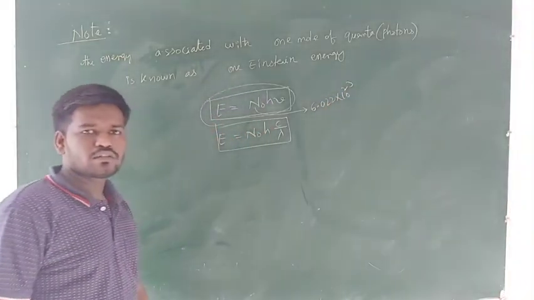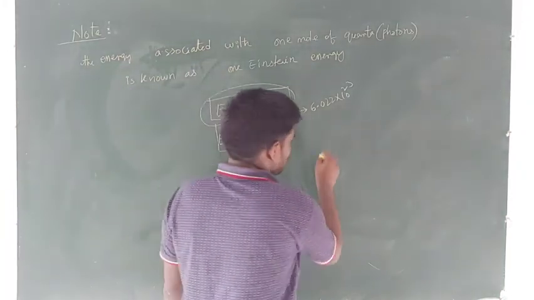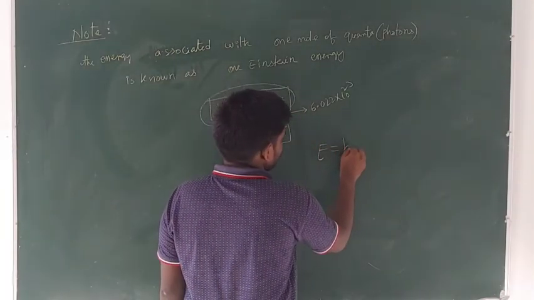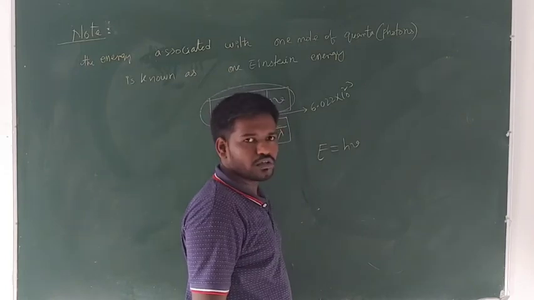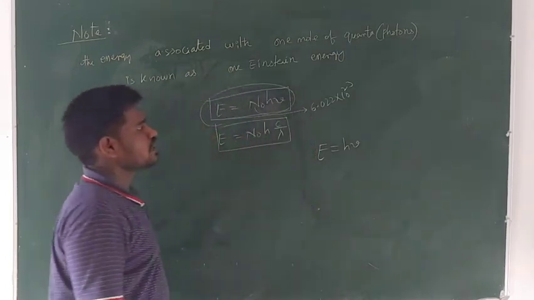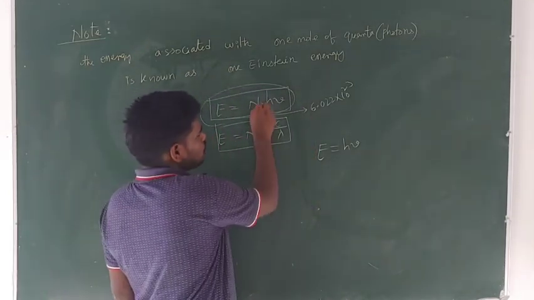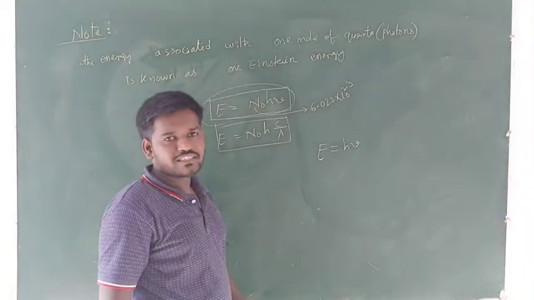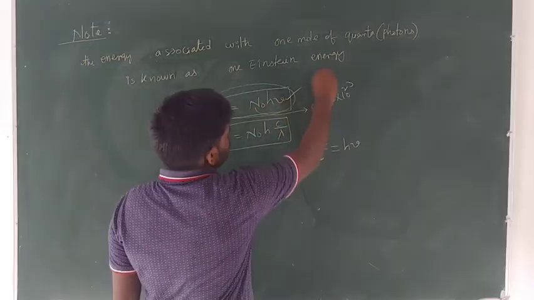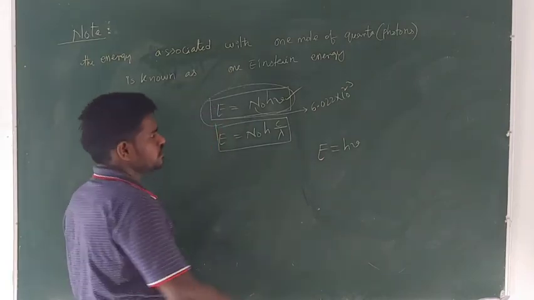In order to find the energy of 1 photon, we have to use this formula, E is equal to h nu. In order to find the energy of 1 mole of photons, we have to use this formula. If frequency is given, we can use this one. If wavelength is given, we can use this one.